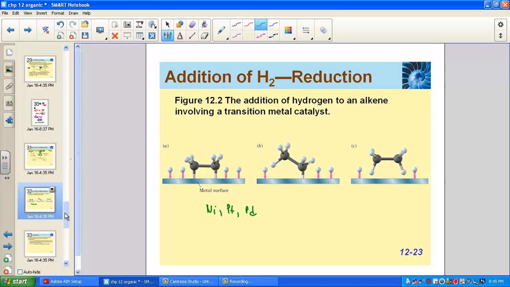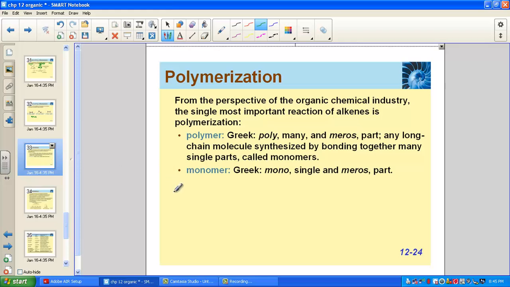And at this point, we will end the lecture on reactions that are common to alkenes, along with their reaction mechanisms. There's a little left of your chapter to look at polymerization, taking a monomer and turning it into a polymer. We highlighted a little bit of that.